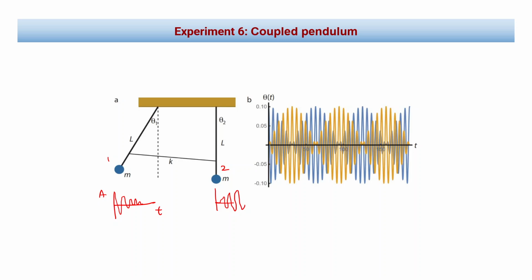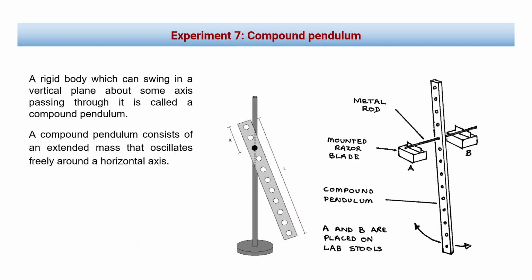Now we'll discuss another experiment, that is the compound pendulum. So let's first understand what a compound pendulum is. In a simple pendulum, we have a bob or some sort of mass which we hang using a thread or a string, which we consider massless.